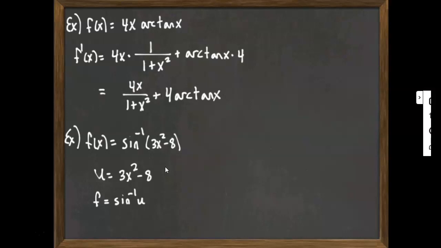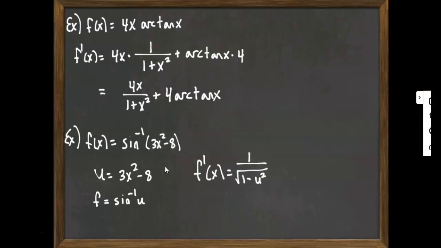And so when we do the derivative now, we can use our chain rule and the rule for the derivative of inverse sine. So remember, the derivative of inverse sine is just going to be 1 over the square root of 1 minus u squared.